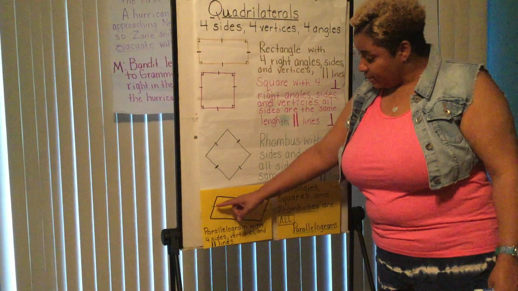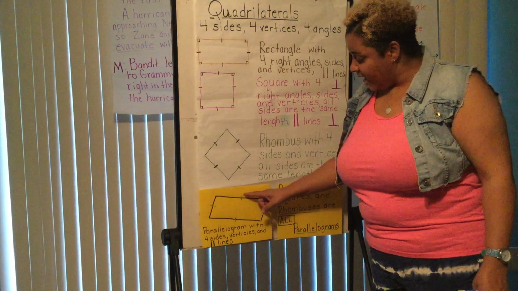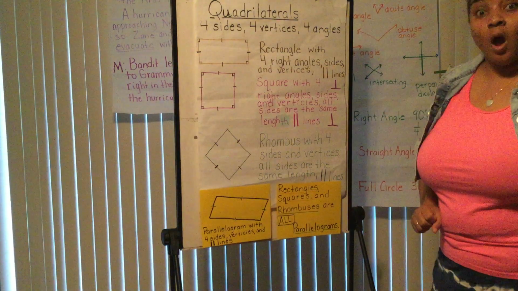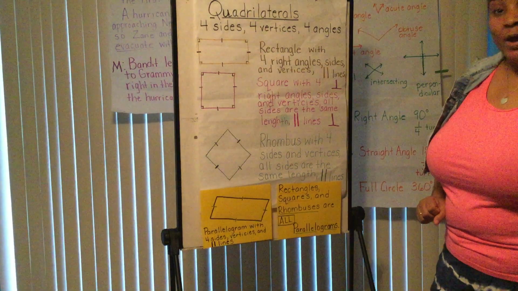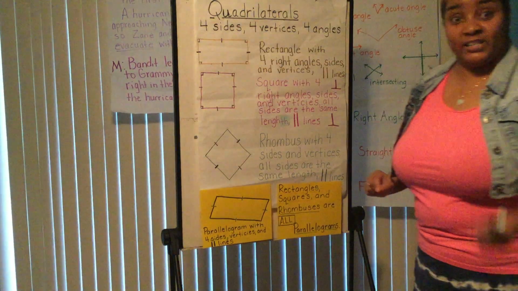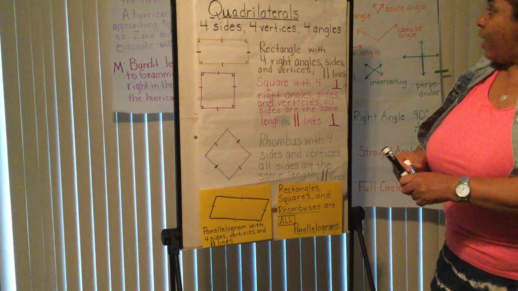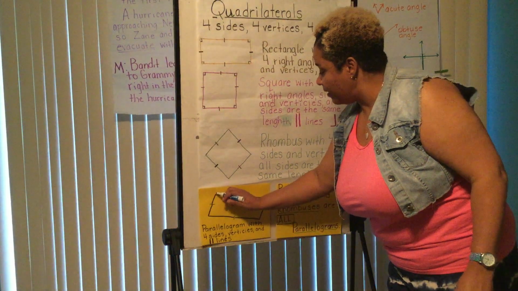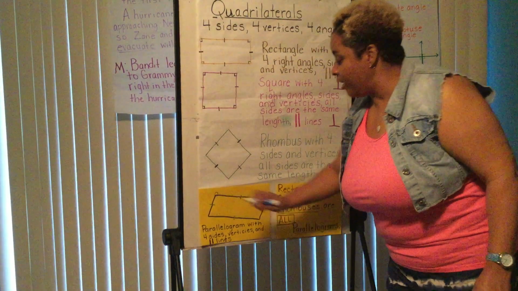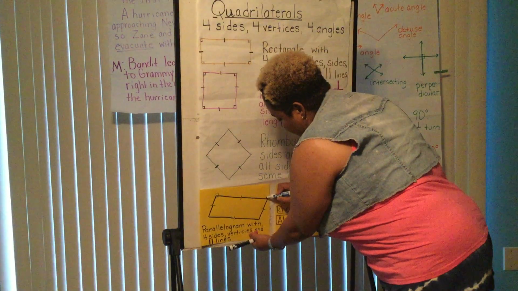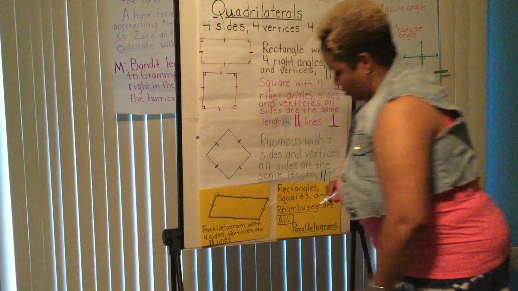Let's see. Side 1, side 2, side 3, side 4. Oh, it's got 4 sides. So it passed that part of the test for a quadrilateral. Let's see if it has any vertices. Vertex 1, where those lines meet. Vertex 2.